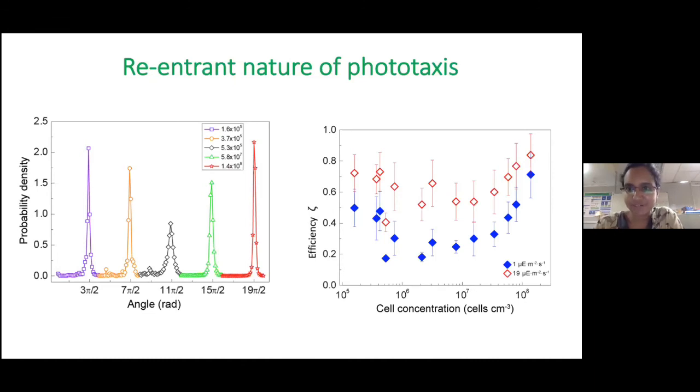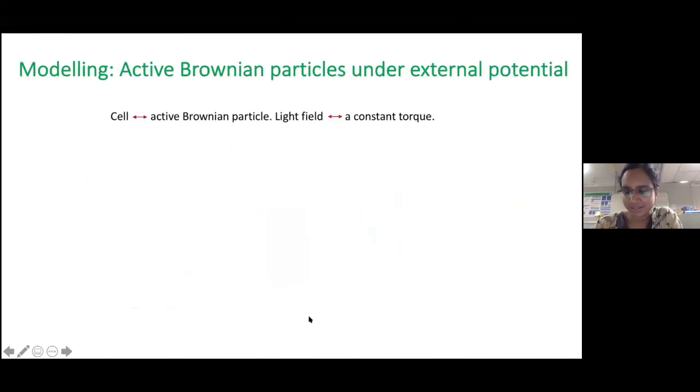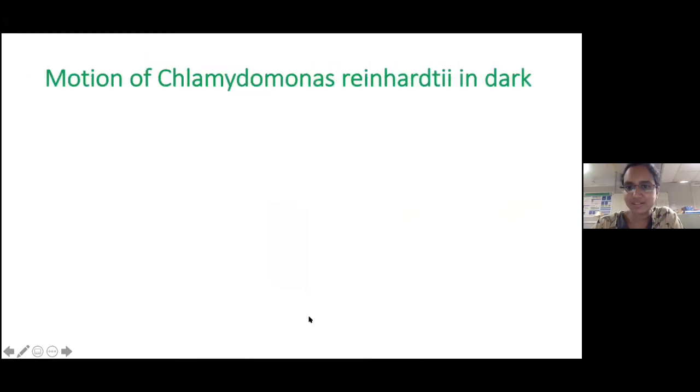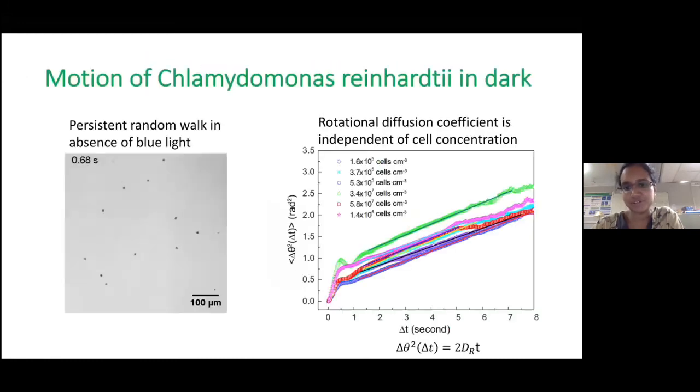So that was the first graph I had shown. The orientation or the rotational diffusion coefficient stays the same. Yeah, but this rotational diffusion coefficient is for a single cell. I'm asking a different question, between cells. Sorry, it's not for a single cell in the sense that it's averaged over many cells.